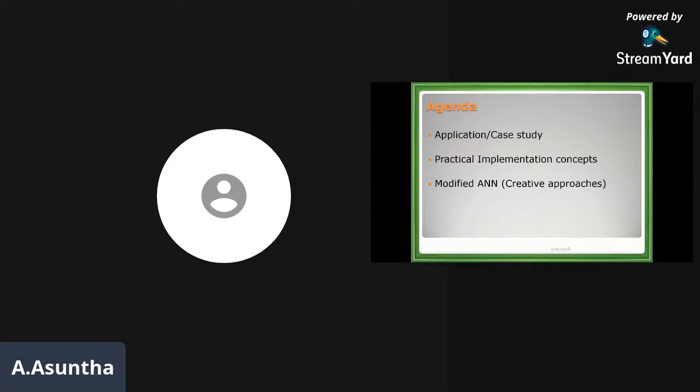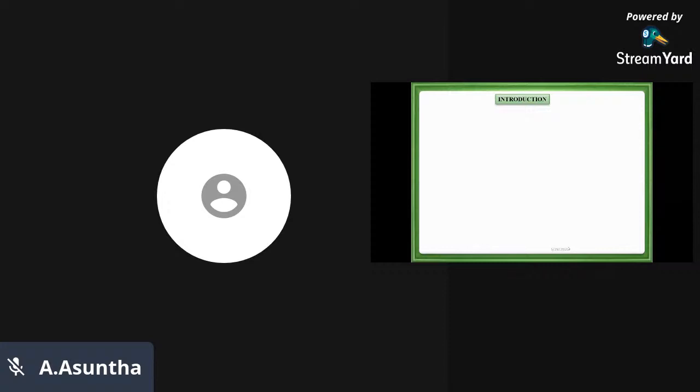I'll be showing two creative approaches. If you search Google for my publications, you can find n number of approaches, but for want of time I am sticking to one supervised and one unsupervised model. It will be something different from the conventional method. Then I am interested in showing code for one of these. I hope I will finish everything within the stipulated time, and then we will have, as usual, the question and answer session.